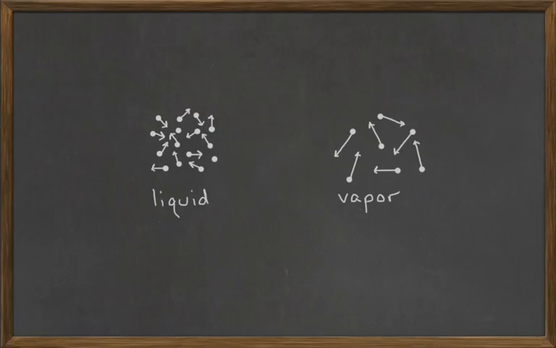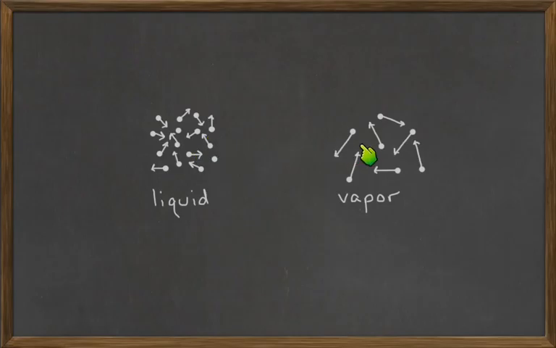And the key idea here is that the liquid phase is a more constrained phase. And so these molecules in the liquid are going to be bouncing around quite a bit slower than the gas phase. So these guys over here are bouncing around, but they're bouncing around slower.